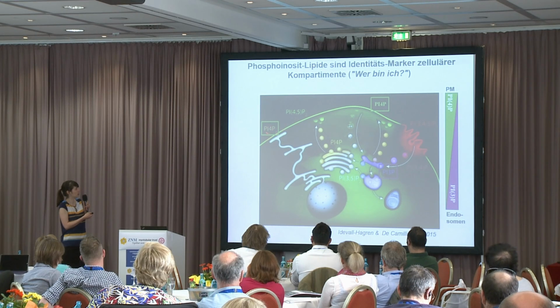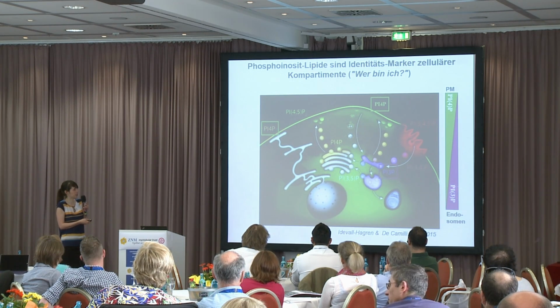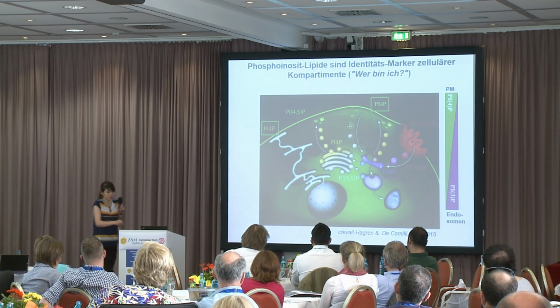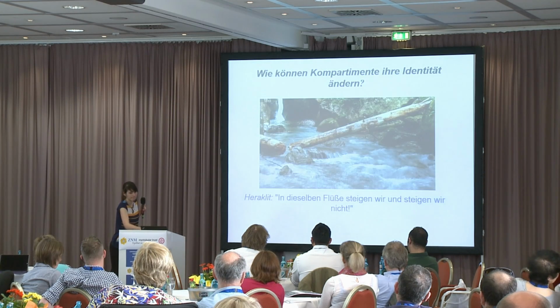The surface is defined by phosphates, PI4P, and on the right-hand side, the phosphates are mostly on position 3. We basically exchange identity coming from outside of the cell to the inside and vice versa. How is it possible that a compartment changes its identity?